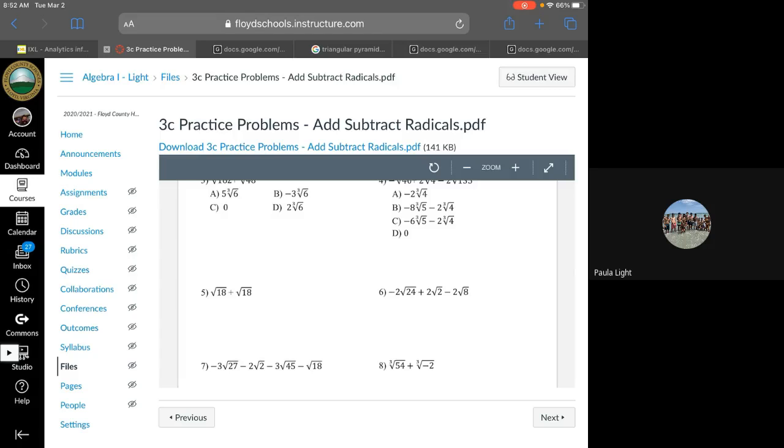But that was the final result for number 7: -9 radical 3 minus 5 radical 2 minus 9 radical 5. That makes sense? Oh, it looks like they combined some of them because there were 4 to begin with, so they definitely combined.